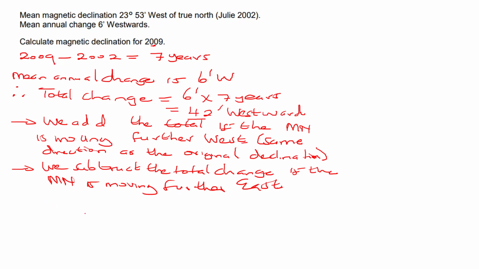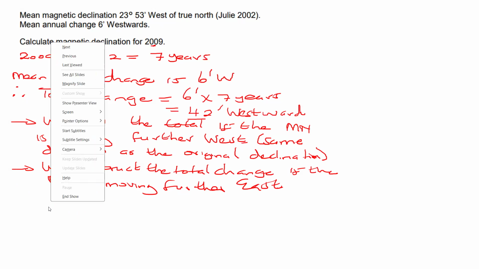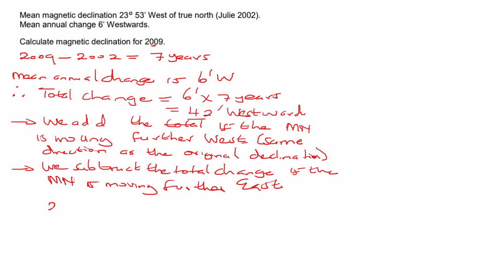Initially we were having 23 degrees 53 minutes. That's what we had initially. If we have this, how can we adjust it?